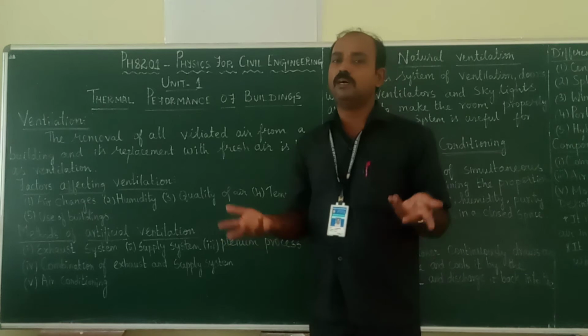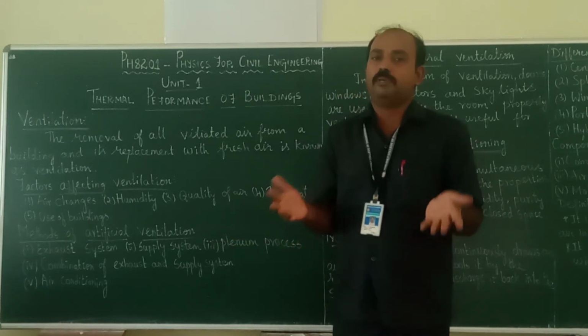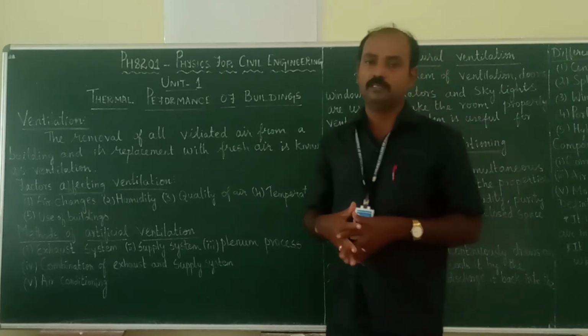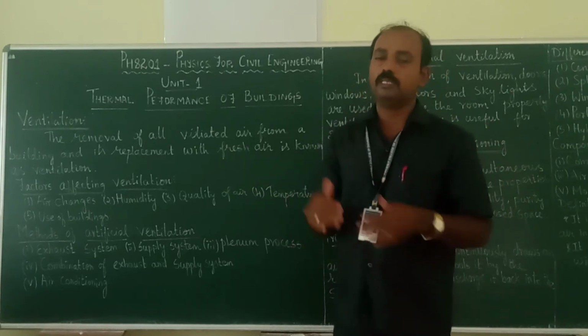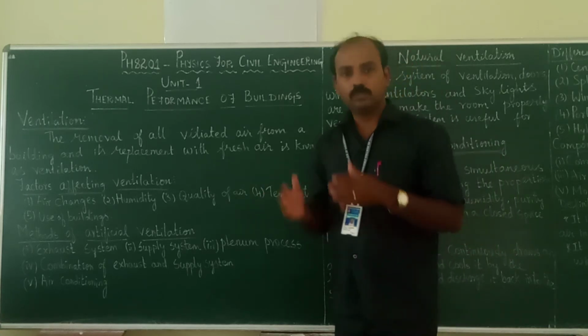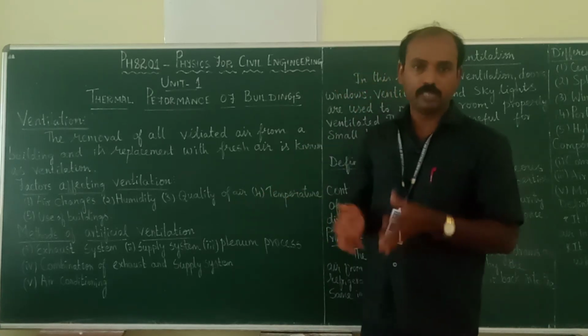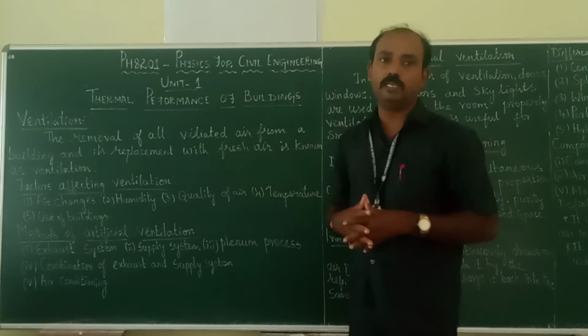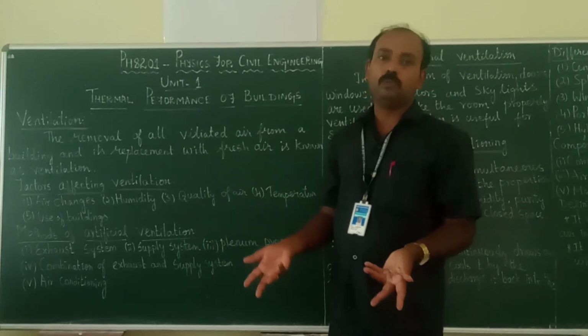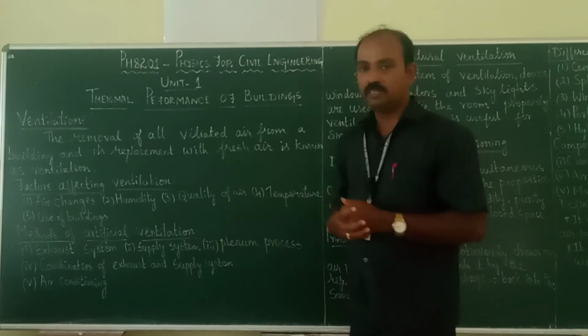Where the oxygen percentage is low, the people staying in that place struggle to breathe, which leads to problems. So that is unhealthy and should be avoided. It should be avoided by natural ventilation, and if that is not possible, we need to use artificial ventilation.